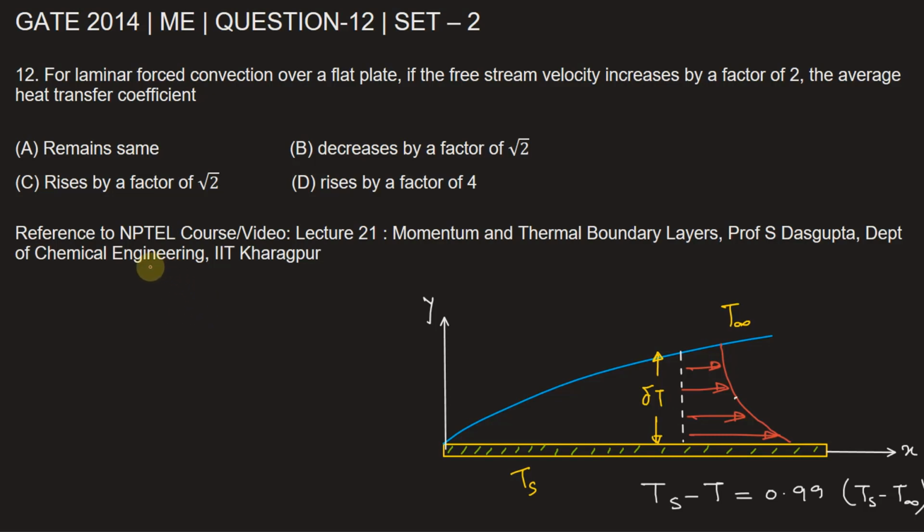Now we can obtain the relation between the heat transfer coefficient and the average velocity or the free stream velocity using Pohlhausen's formula for the laminar thermal boundary layer over a flat plate.